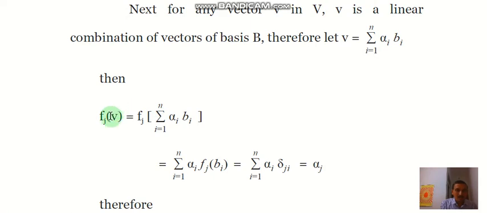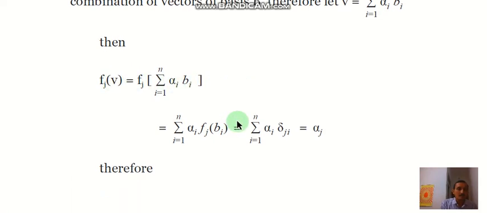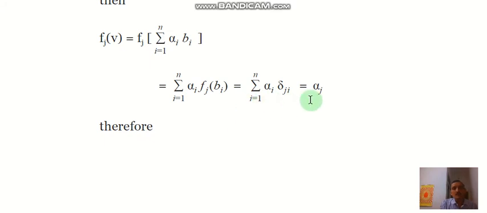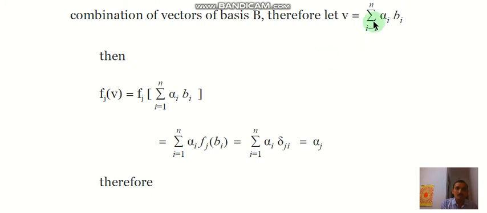So fj(v) equals fj of the summation alpha i bi, and after simplification this will become alpha j. So we have obtained the value of the coefficients alpha j, that is fj(v), and therefore the coefficient alpha i is fi(v).